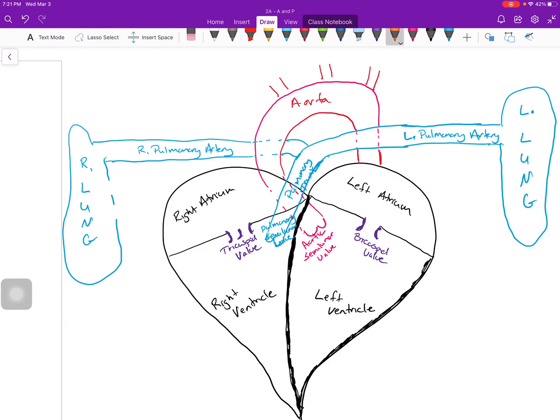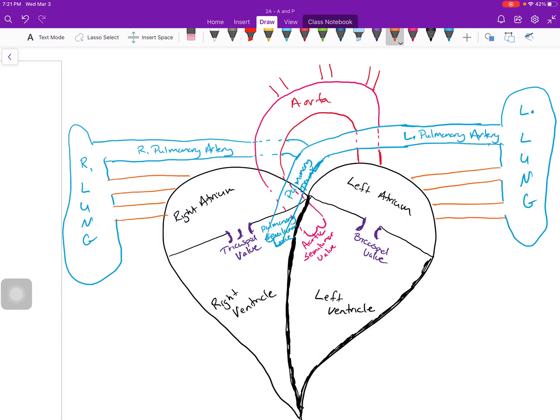And so here I've got my pulmonary veins, and they're going to go behind the heart. And over here, I'm going to erase a little bit here and a little bit here. And I'm going to draw these pulmonary veins coming right here to the left atrium.